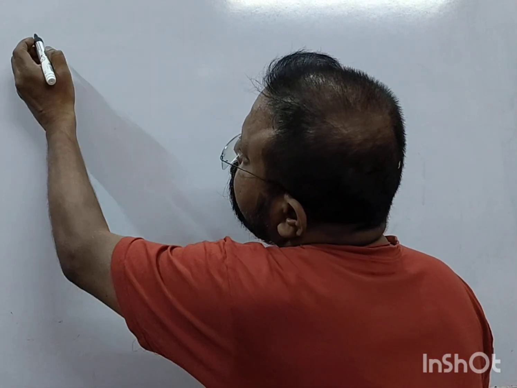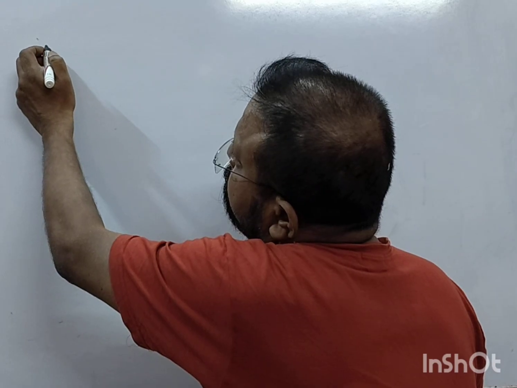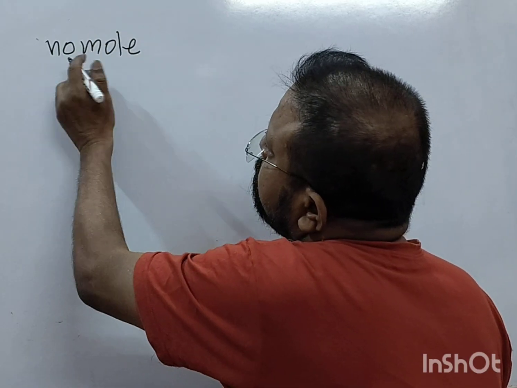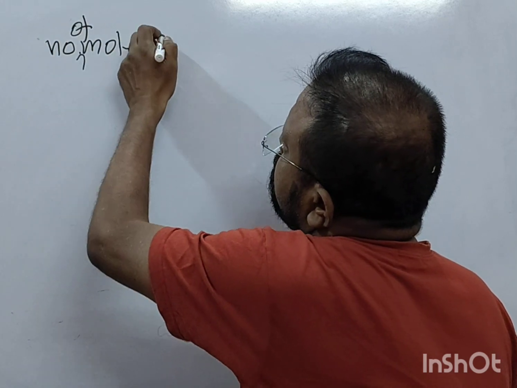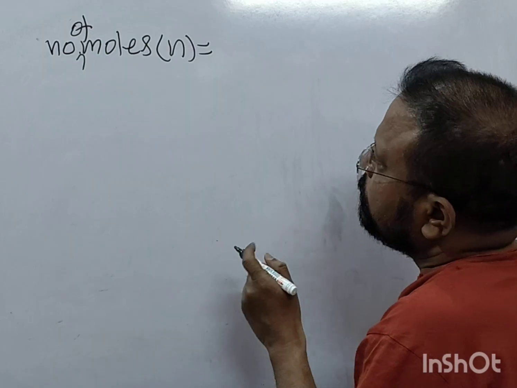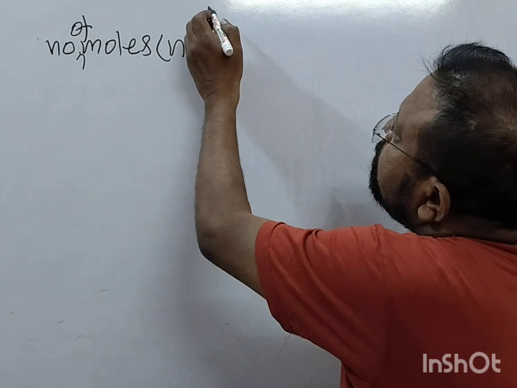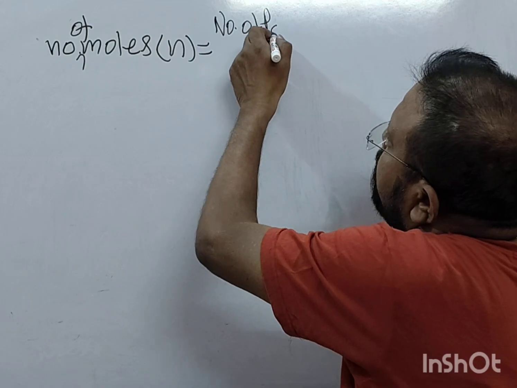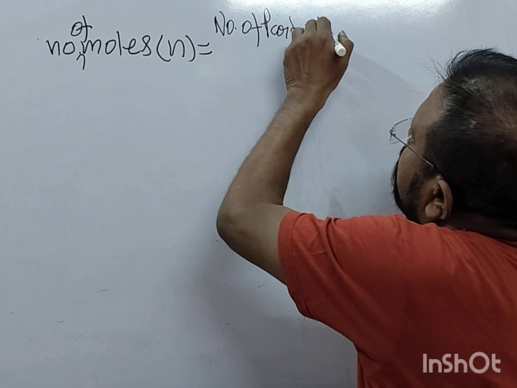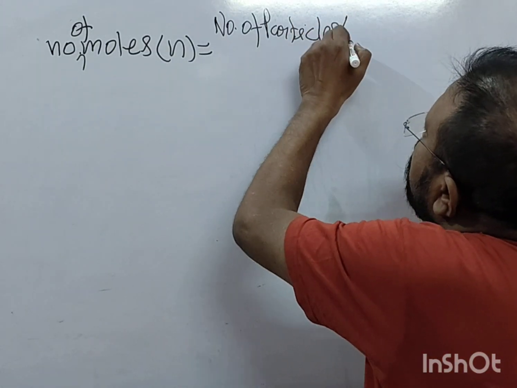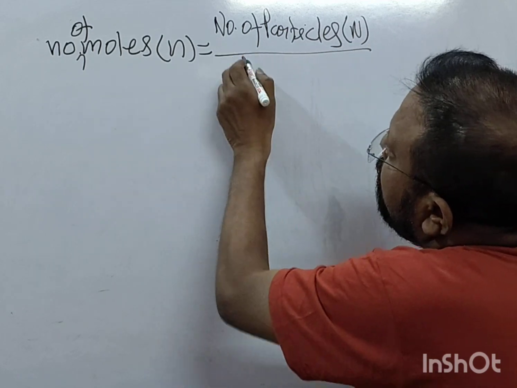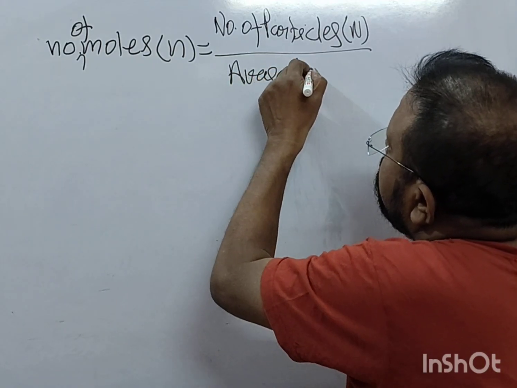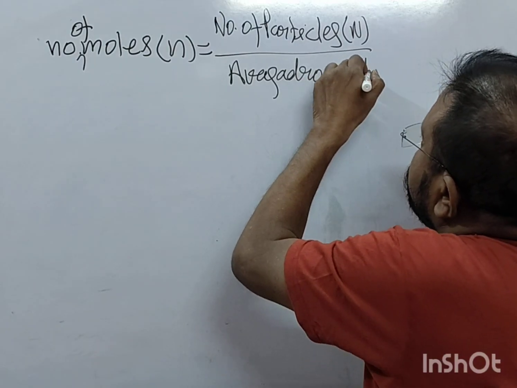So first we can say, number of moles, n, is equal to number of particles, which we call N, upon Avogadro number, right?